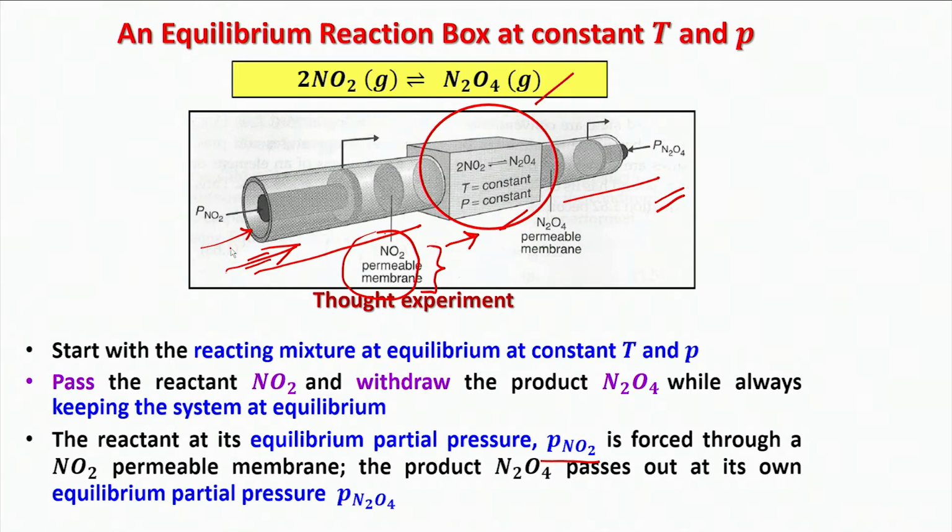I will also ensure that the product N2O4 passes out at its own equilibrium partial pressure, P N2O4.